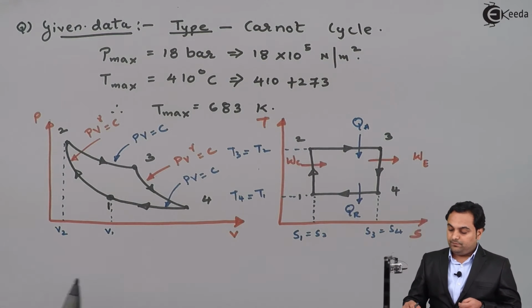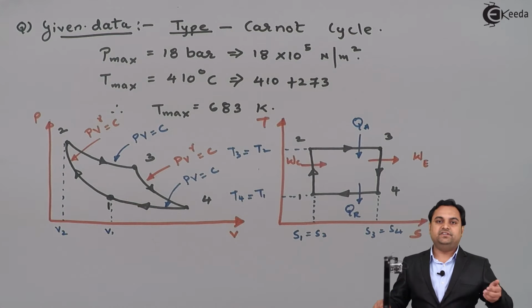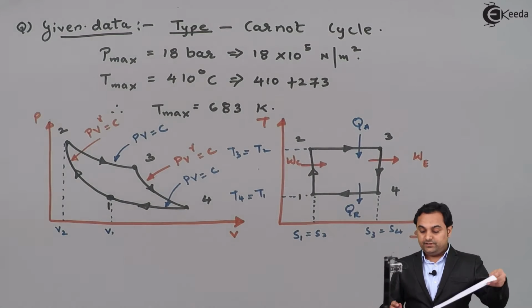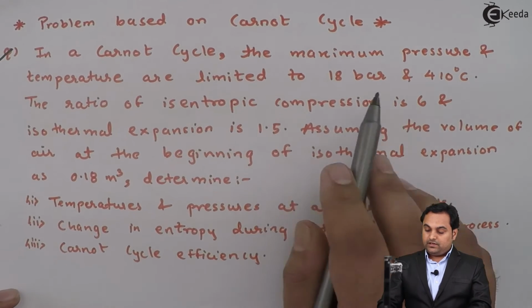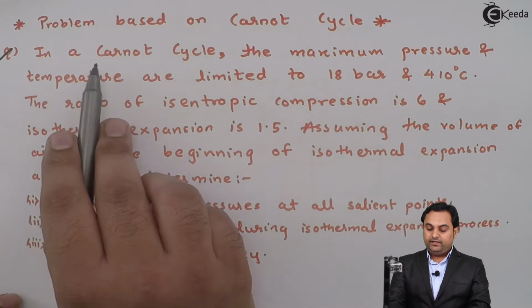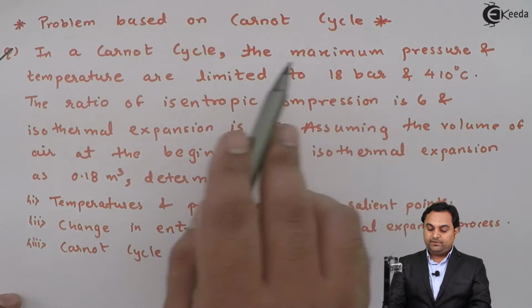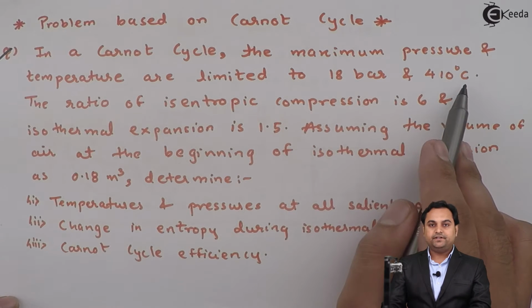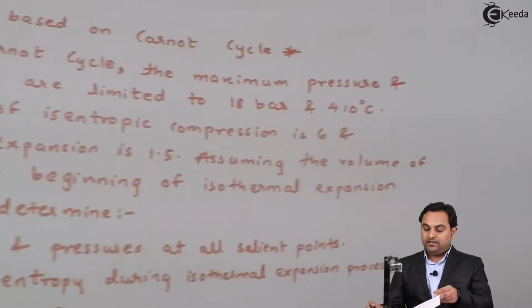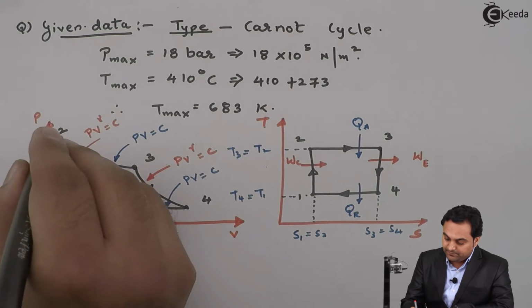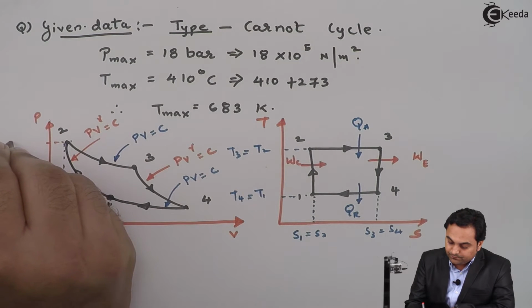Now, once I have completed the PV and TS diagram, I'll read the data again and write it as per this diagram. That is, here I know all the points. So the next thing would be after the maximum pressure and maximum temperature. Now we can understand that in a Carnot cycle, the maximum pressure and temperature are limited to 18 bar and 410 degrees Celsius. So 18 bar is the maximum pressure, and from the PV diagram it is clear that maximum pressure is at point 2.